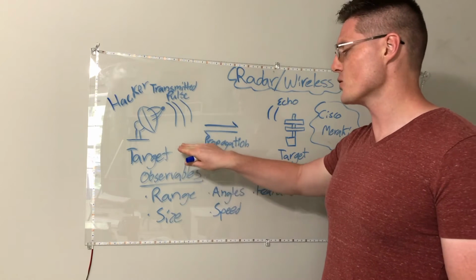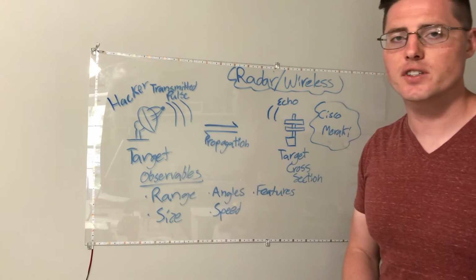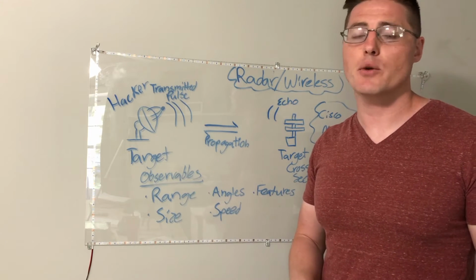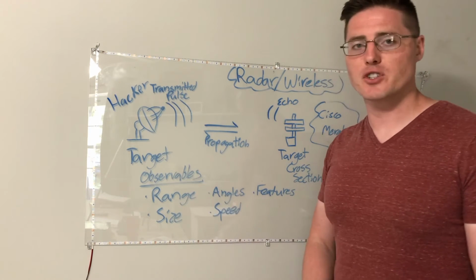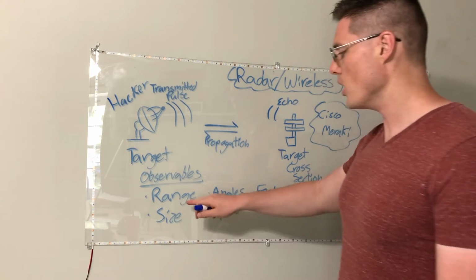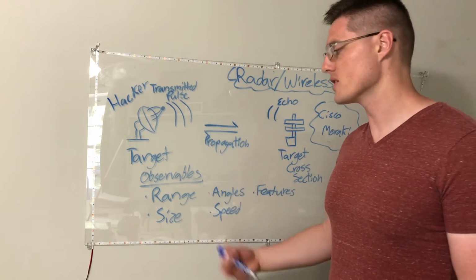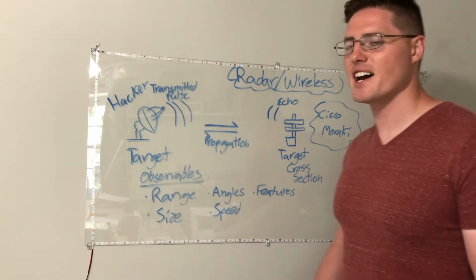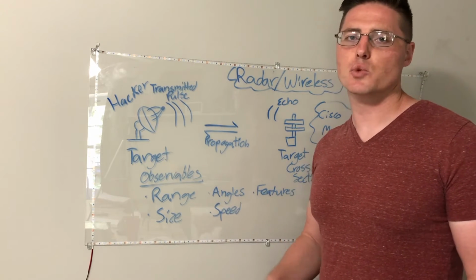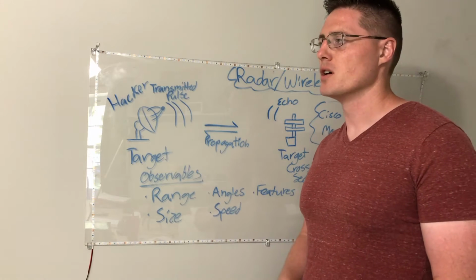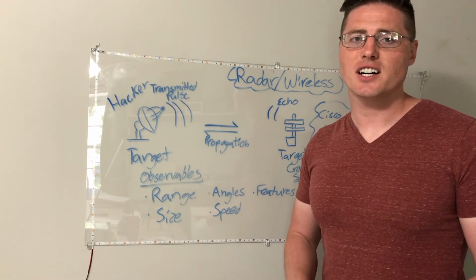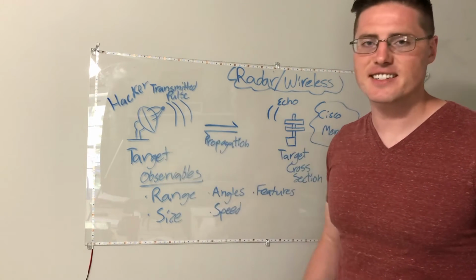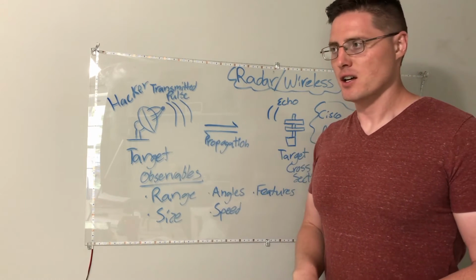So what is this traditional radar? When we're using a parabolic dish to hack into a network endpoint, what are we observing with that radar? Well, we can observe the range, the size of the antenna, angles, which is going to be azimuth and elevation. This is really getting your bearing, especially if it's moving and you're using multiple antennas to hack into an endpoint.